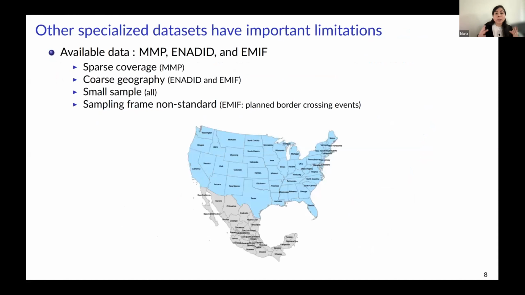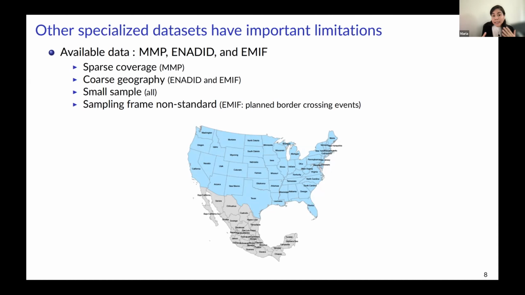So there are other specialized data sets that do provide information on both sources and destinations in the US and in Mexico, but that have limitations for our research design. So for instance, the Mexican Migration Project, which is a great resource to follow migrants over time, only covers a small set of communities in Mexico.